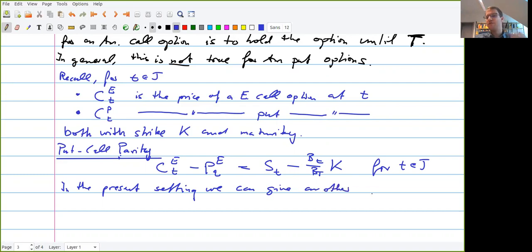But here we have access to all the pricing formulas, because we have a finite, arbitrage-free, and complete market. So we can rely on the first and second fundamental theorems of asset pricing and use pricing and hedging with martingale measures. So in the present setting, we can give another proof for it, right?